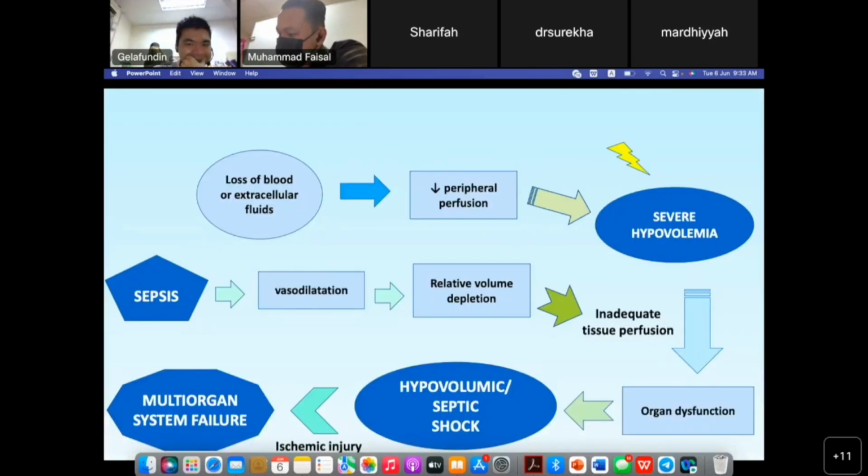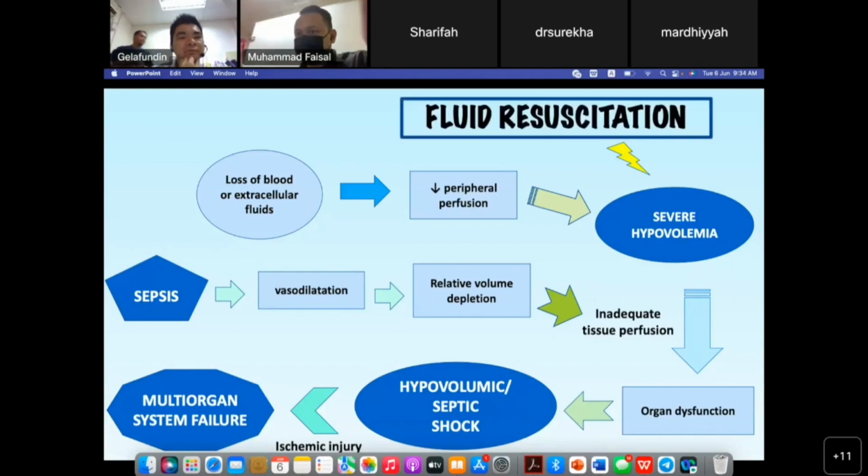So basically, fluid resuscitation is a very crucial aspect in emergency treatment and also in critical care. It is the mainstay of treatment for severe hypovolemia. When a patient has loss of blood or extracellular fluid, this will lead to reduced peripheral perfusion, leading to severe hypovolemia.